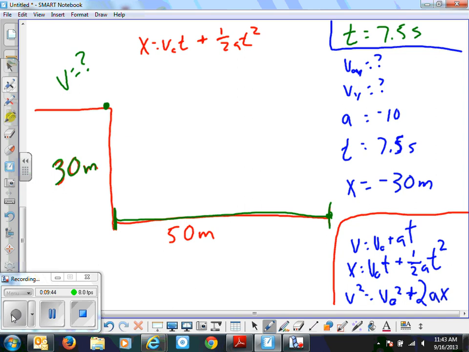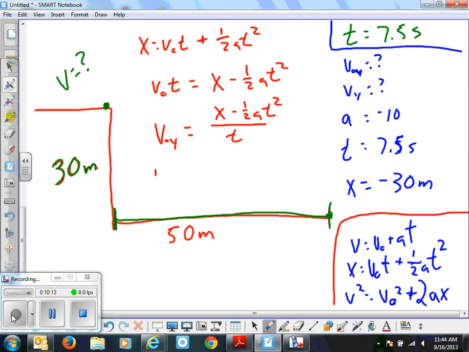So we're actually going for the V sub naught, right? So we could go V sub naught T equals displacement minus 1/2 AT squared. Or we could go V sub naught in the y direction then equals x minus 1/2 at squared, all divided by t. So V sub naught in the y direction equals negative 30 minus negative 5 times 7.5 squared, all divided by 7.5.